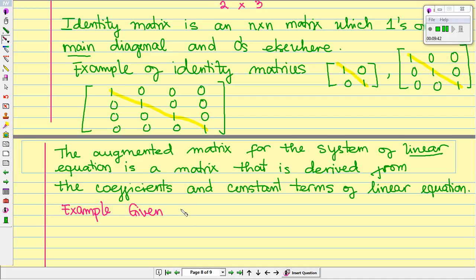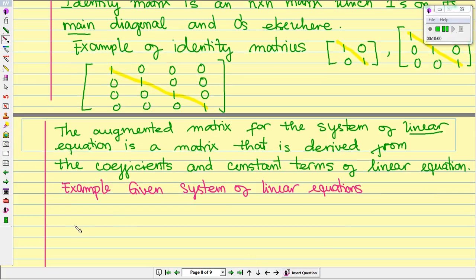So here in this example, given a system of linear equations, let me write out the system.